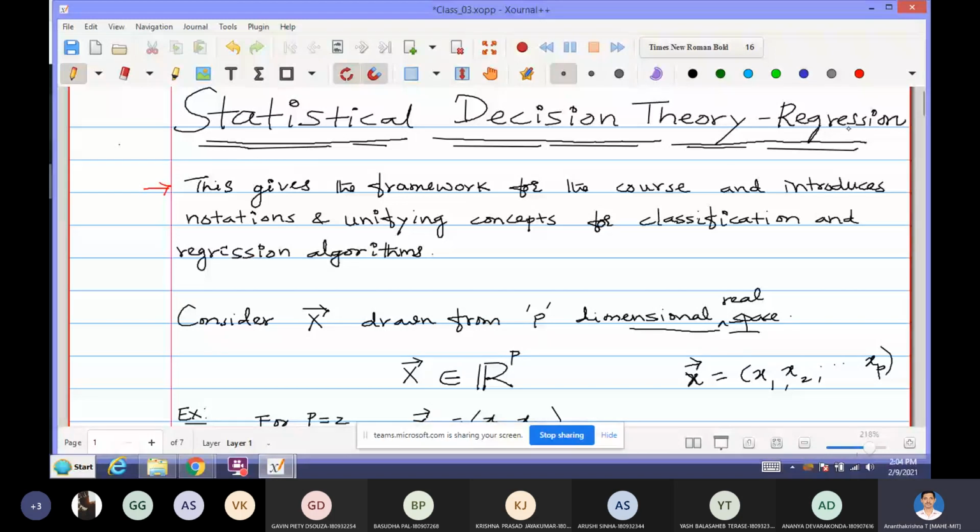Also, we have started with the next, we entered into this statistical decision theory topic. This is where we get into more generalized study of regression and classification. So under this topic, we study about regression. In fact, when we say that it is a regression, it does not mean only the linear regression.